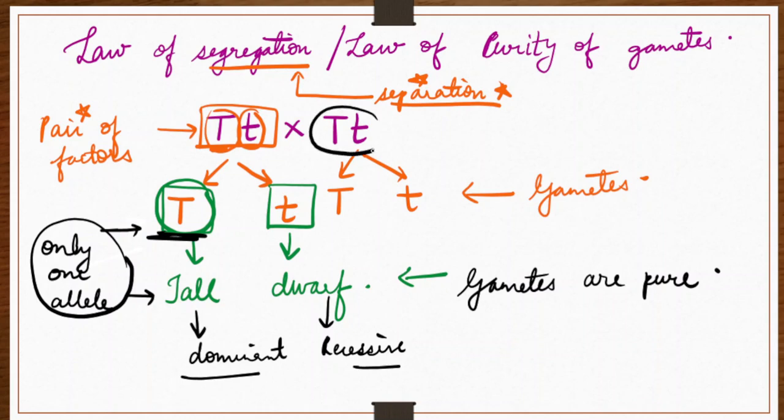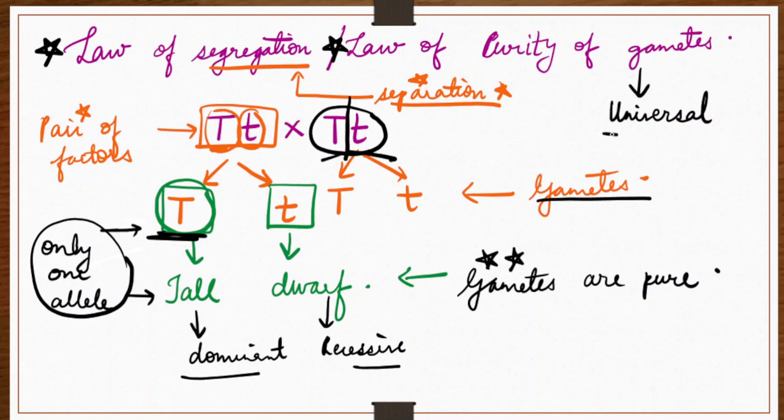Earlier there were two alleles, so it will carry only one allele. These two alleles will segregate. They will separate to form different gametes. So we say that gametes are pure, and hence this law is known as law of segregation, or law of purity of gametes, and this law is a universal law. Okay, what type of law is it? Universal law.